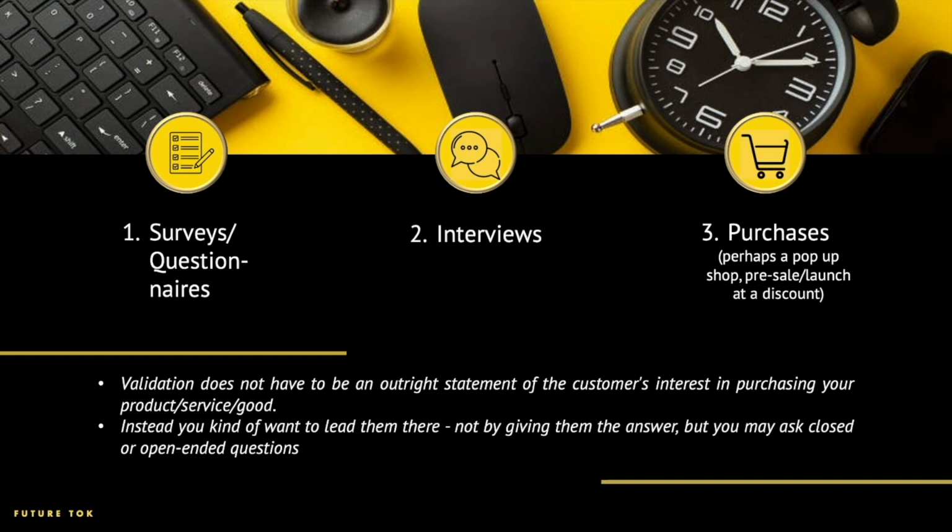So validation does not have to be an outright statement of the customer's interest in purchasing your product, service, or good. Instead, you kind of want to lead them there, not by giving them the answer, but just close enough, and then you pose the questions, they give you the feedback without you manipulating or directing their answer.